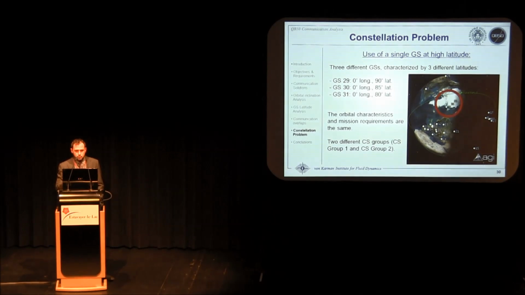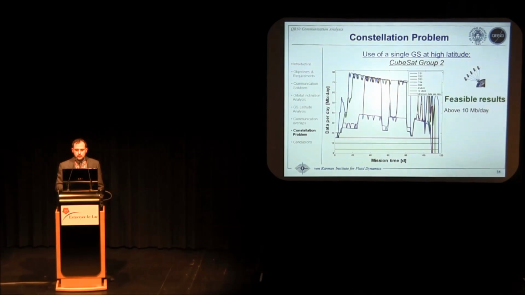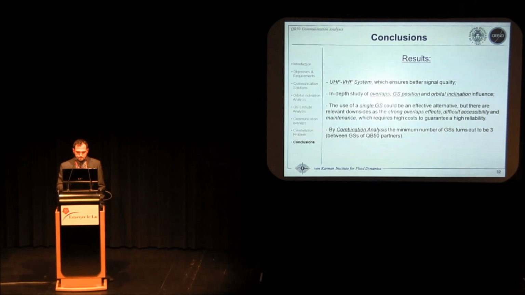So I introduced 3 new ideal ground stations close to the North Pole with the same orbital characteristics and mission requirements, and the results were feasible. But for the second group, in which we have the closer CubeSat, we have also a strong effect of the communication overlaps. So the first satellites will communicate better than the last.